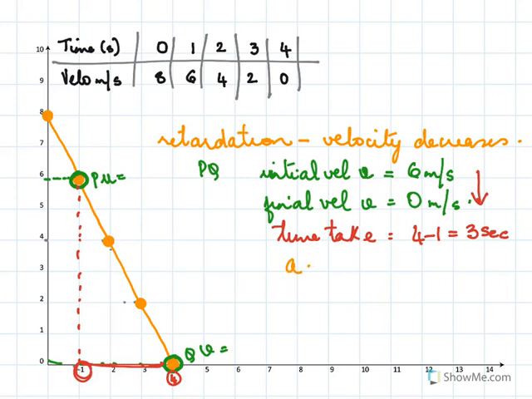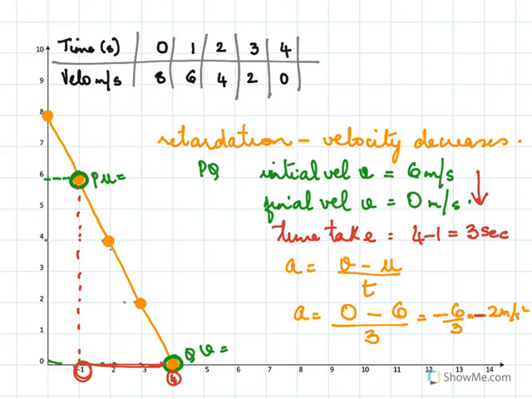So the acceleration, we know the formula, V minus U over T: final velocity minus initial velocity over T. Here your final velocity is 0, your initial velocity was 6, and your time taken was 3. So it's minus 6 by 3, which is minus 2 meter per second square.